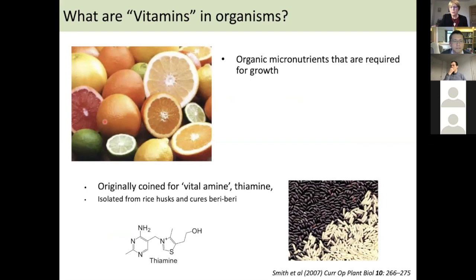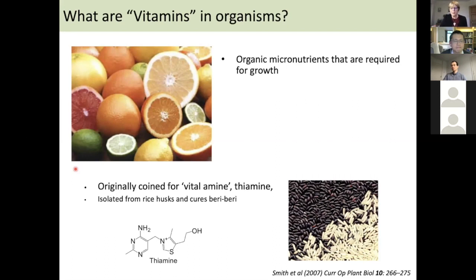But actually all organisms need micronutrients. It's just that some organisms make them. So these oranges are making large amounts of vitamin C, but they're not making vitamin C for us. They're making vitamin C as an antioxidant and as a cofactor for enzymes in the plant tissues. That's important to bear in mind.